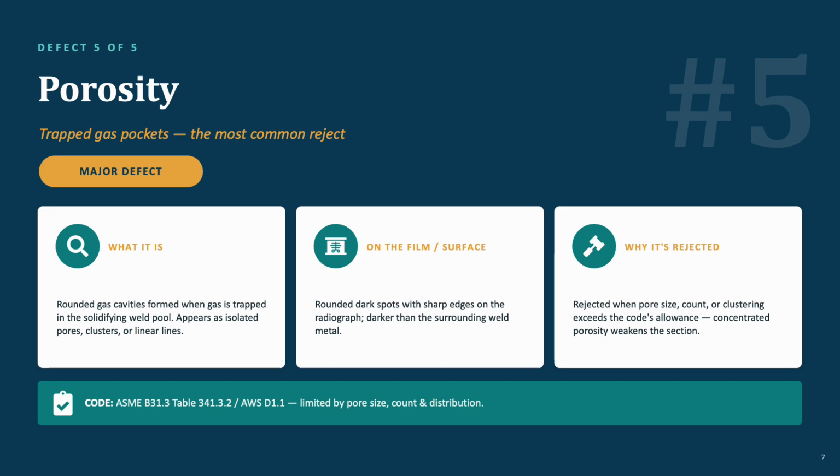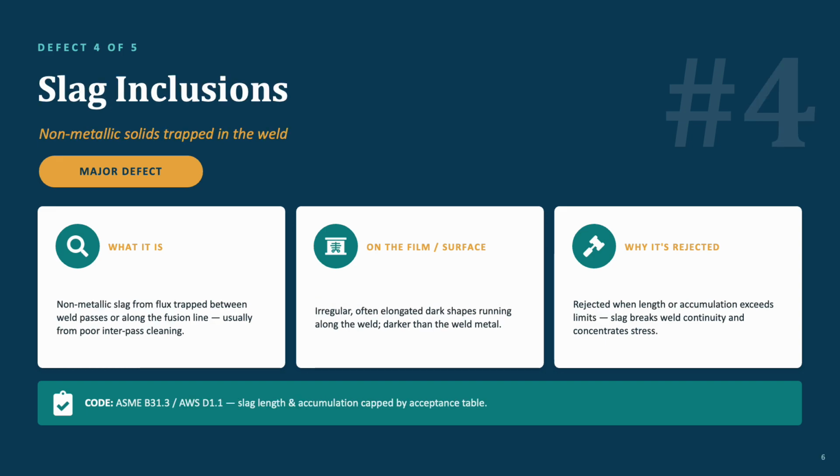But porosity is the gentle one. Number 4 is harder to get out. Number 4 is slag inclusion. Slag is the non-metallic residue from your flux. When it gets trapped between passes or along the fusion line, it stays inside the weld.